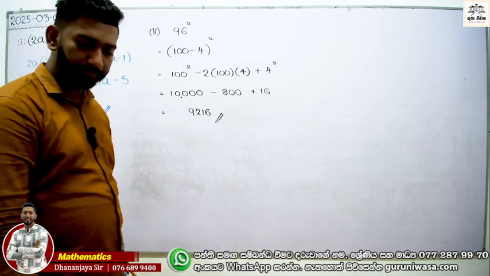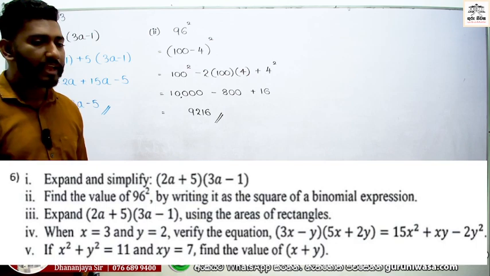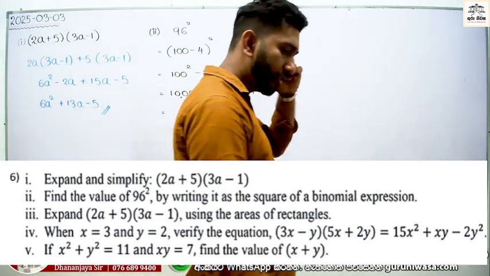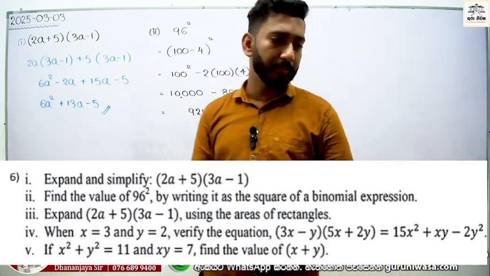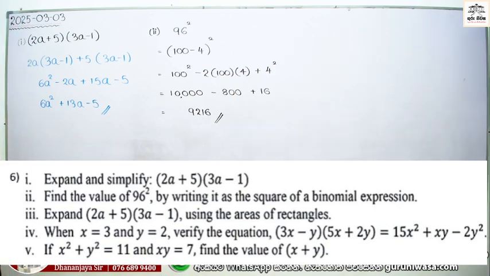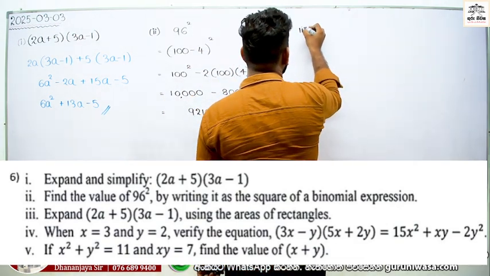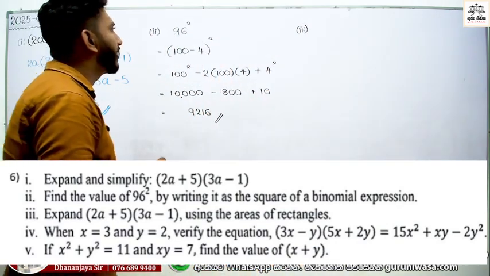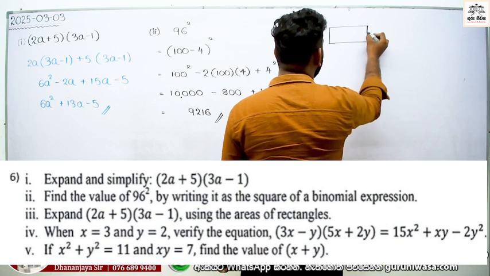Third one. Expand again using the area of rectangles. Expand (2a + 5)(3a - 1) using the area of rectangles. Area of a rectangle means length into breadth.